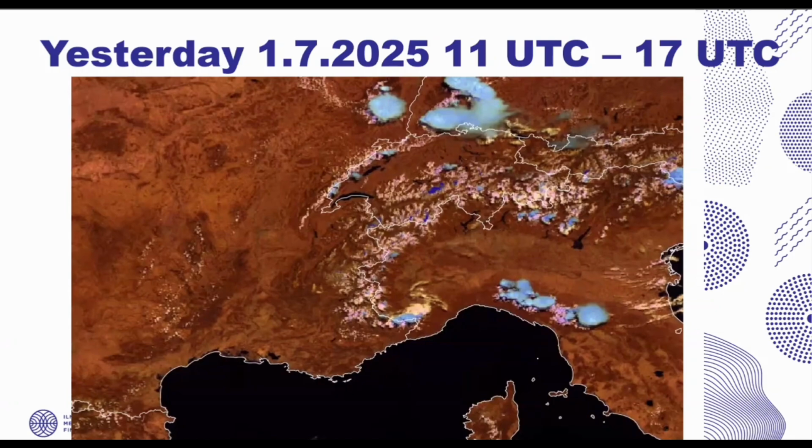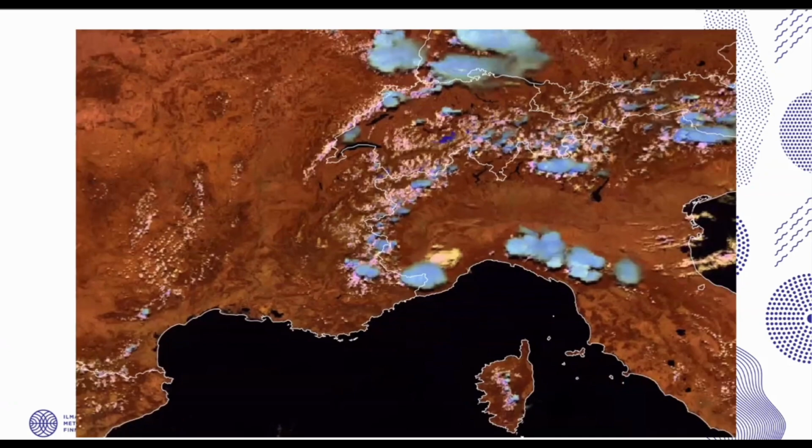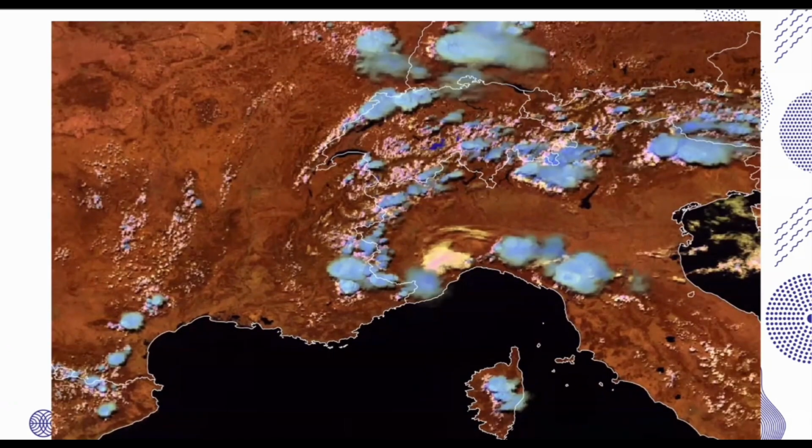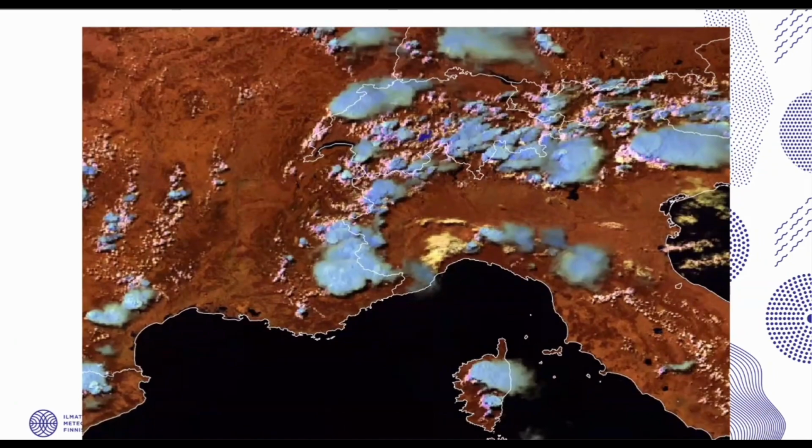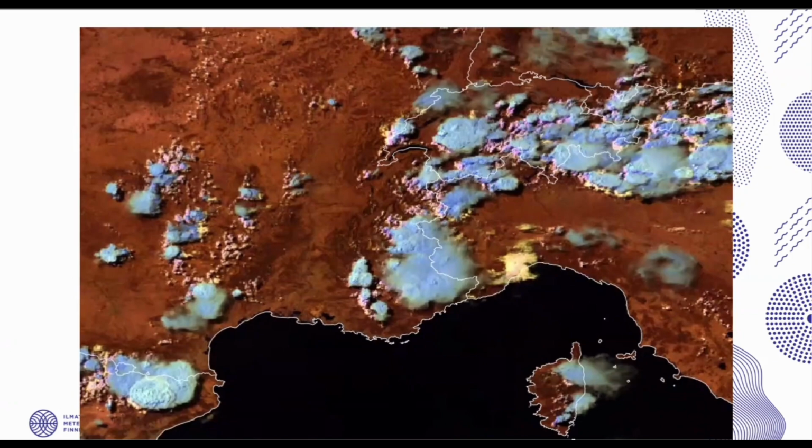First we have some areas with convective cyan colors. And then when we go to the next hours, you can see that we get more and more areas for each hour where we have clouds growing and some convection going on.